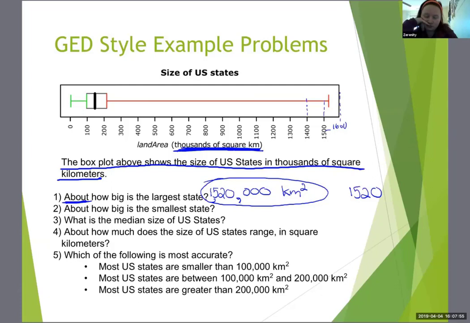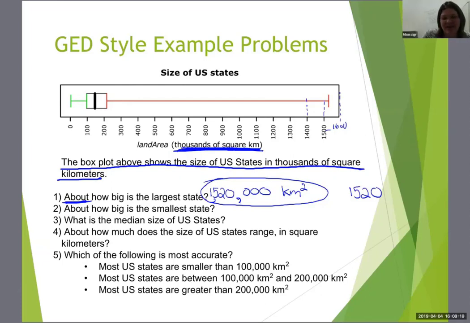Yes. But if you didn't pay attention to that, if you were the student who wrote 1520, don't feel bad. Hopefully number 2 would help you catch yourself, because that's actually how I caught myself. I took a look at number 2 and I was so confused. Okay, so let's look at number 2. About how big is the smallest state? Now I want to know about the smallest state.